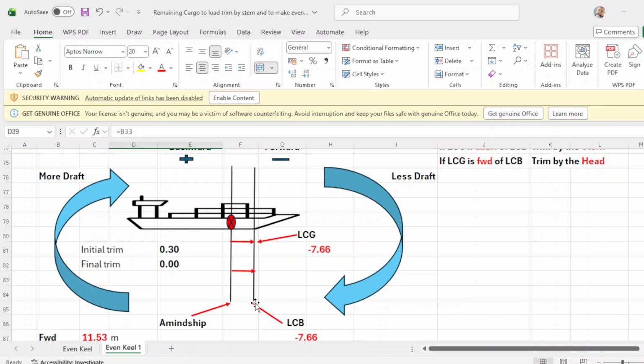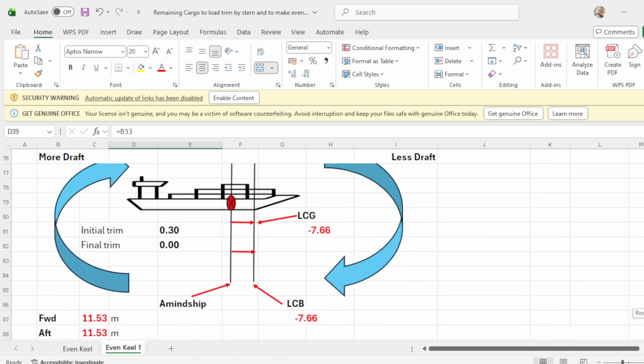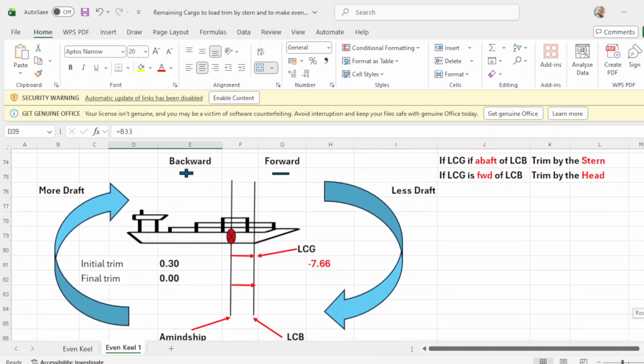But in this situation, they are in a vertical line. That's why it is even keel. There is equilibrium. That's what it meant. So we have here forward 11.53, aft draft is 11.53, mean is 11.53, then you have a 0 trim. Then you will have even keel. Okay guys? I hope you understand what I have been explaining.